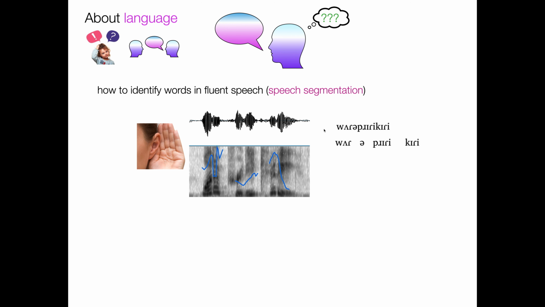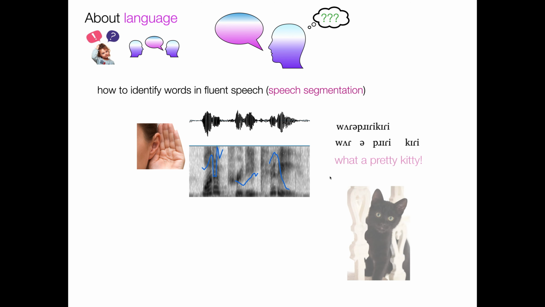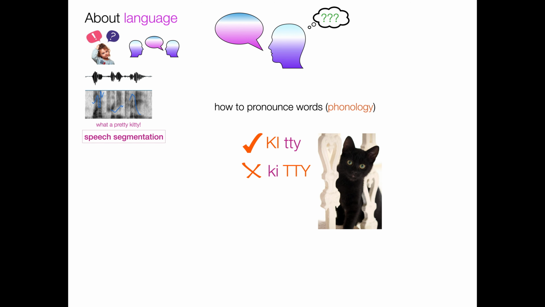What we perceive tends to be more structured, more abstracted away from that physical signal, and we process it in different ways until we perceive it as, what a pretty kitty, right? So that's speech segmentation, taking a fluent stream of speech and figuring out where the words are so that you take this and get what a pretty kitty. That's something you know how to do.